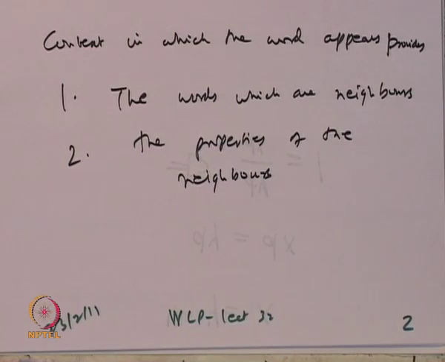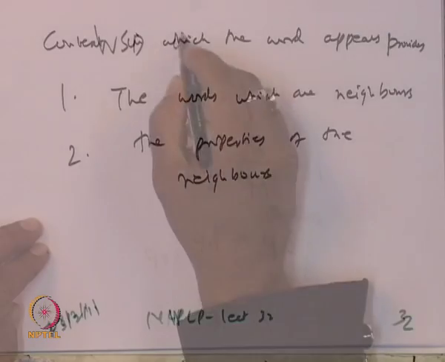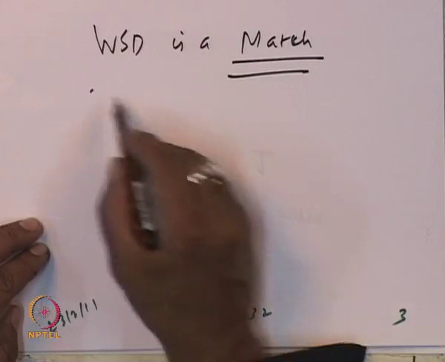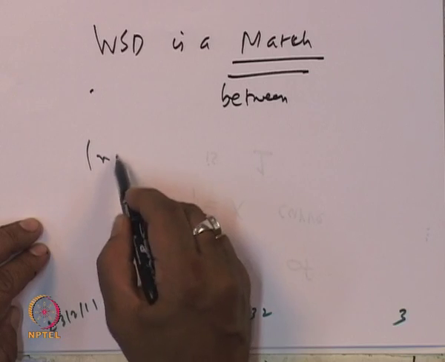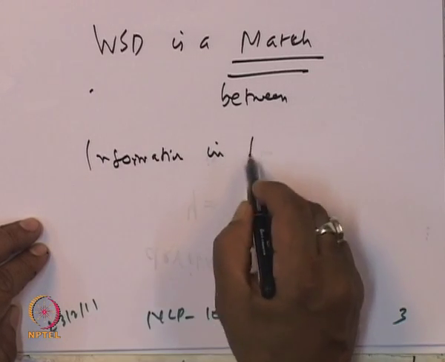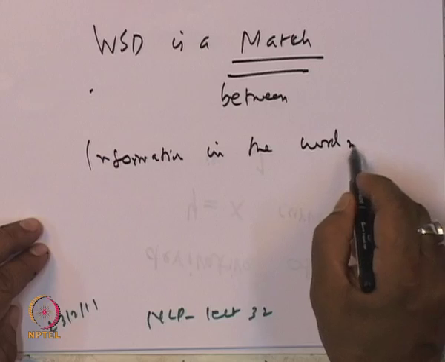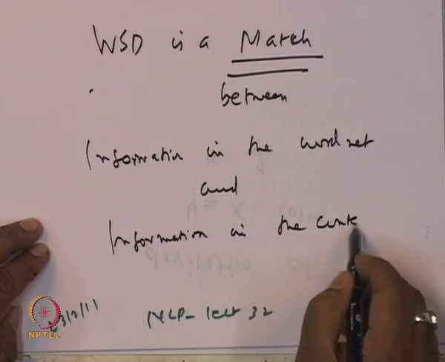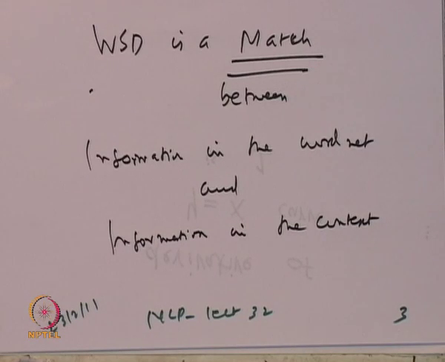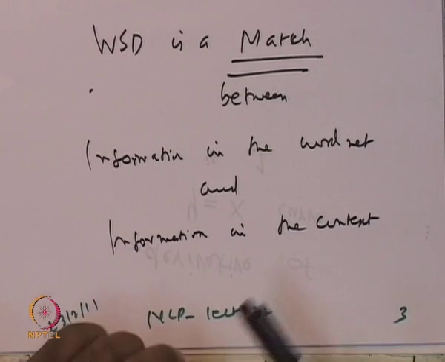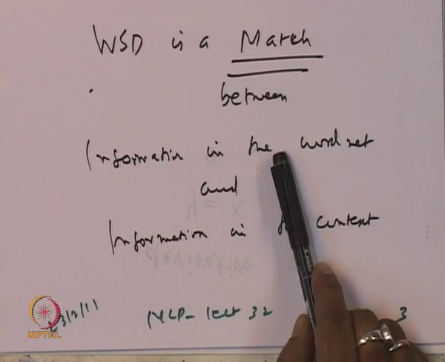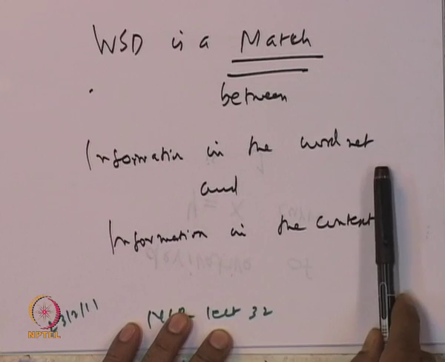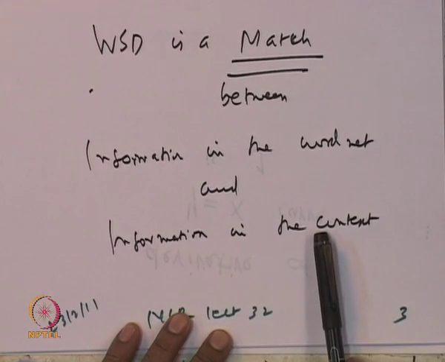Okay. So, WSD is a match between information in the WordNet and information in the context. Okay. So, this is a very important statement we are making. WSD is a match between information in the WordNet and information in the context.